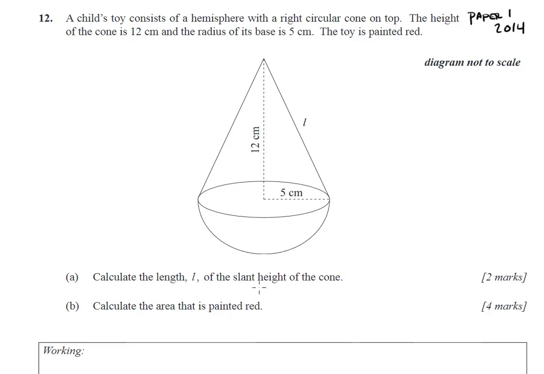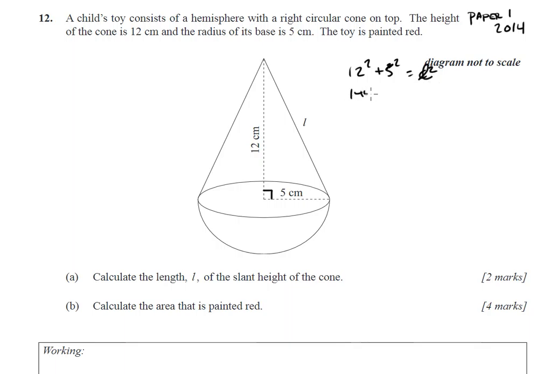So first thing, calculate the length L of the slant height of the cone. That's a nice little right angle right here. So we're just going to do our 12 squared plus 5 squared equals C squared, or in this case, L squared.